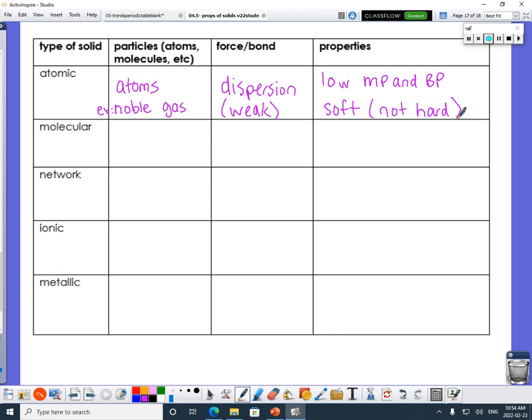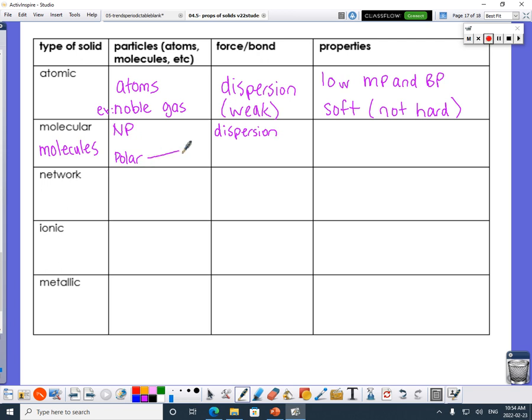But molecular, that's the tricky one, because you can have molecules, but as you know, there are nonpolar and polar molecules, okay? So nonpolar molecules will have London dispersion forces, whereas polar, you could actually kind of split them into two.